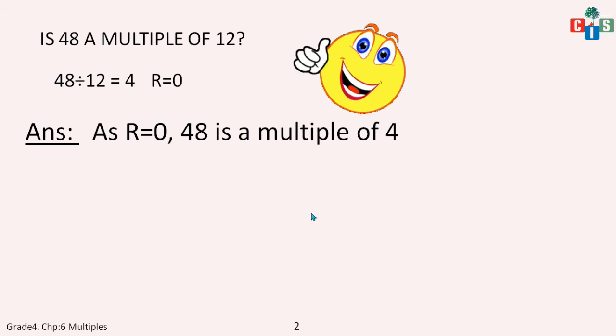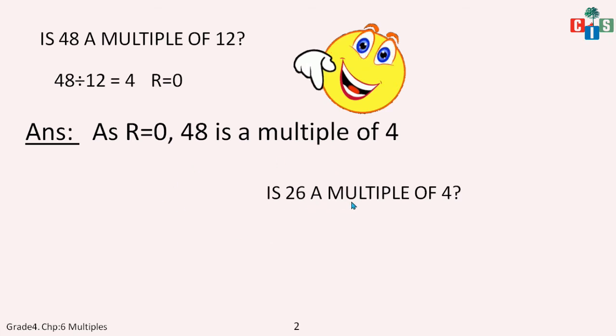So let's check out another example. Is 26 a multiple of 4? This is a question mark. You have to check it. For checking you use division. 26 divided by 4 is equal to 6, wherein you have a remainder. You have something remaining because 4 sixes are 24, but here it is 26. So the remainder will be 2.